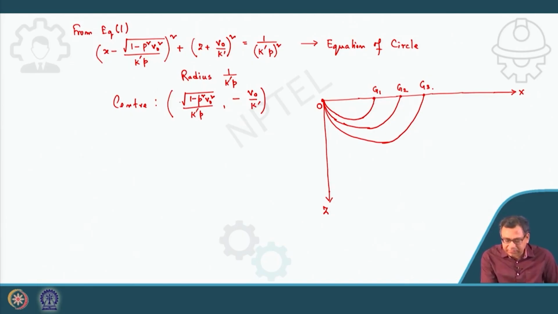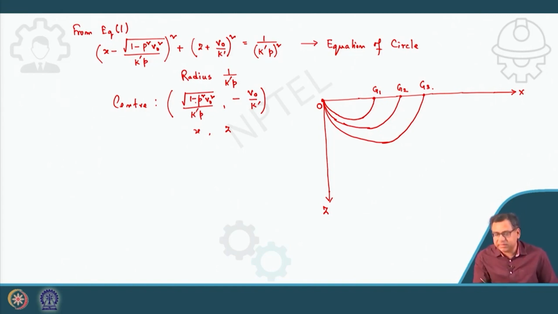But here the first one is in terms of x. If you say this is x, this is z, then the z coordinate of the center for all the circles will be the same, but the x coordinate will change, because again the p term is there, and p is a ray parameter.